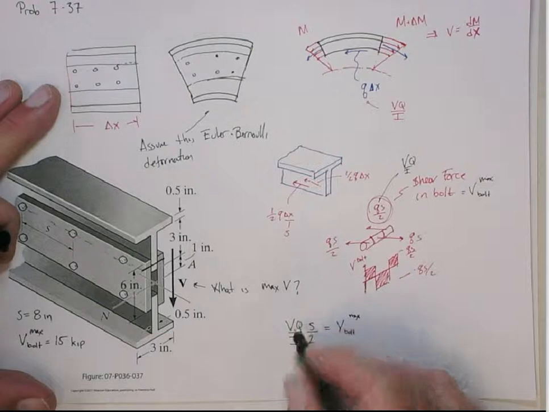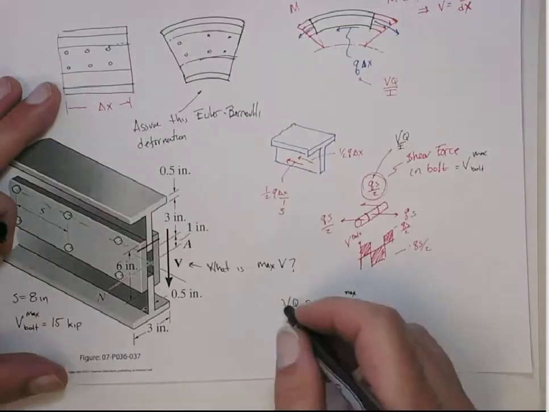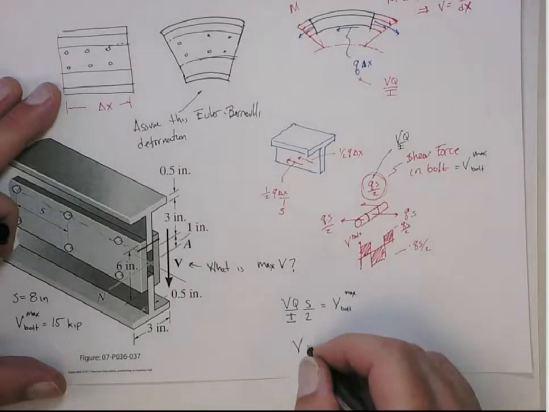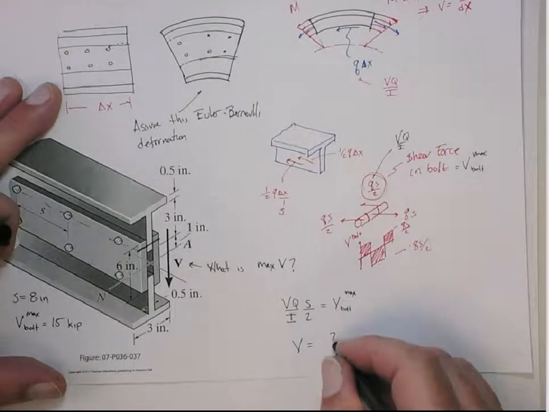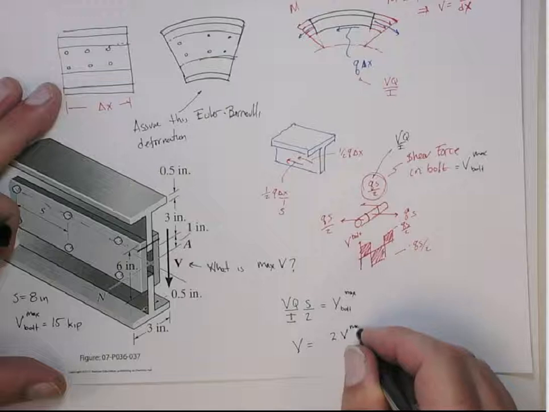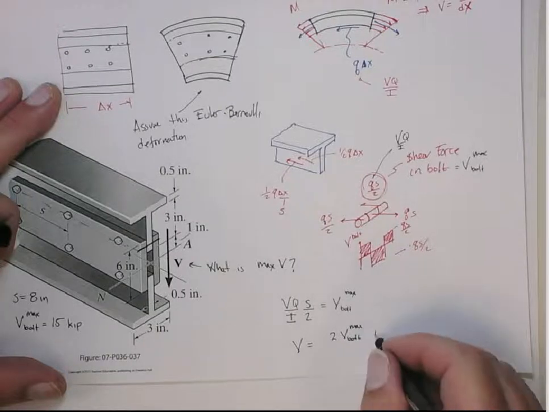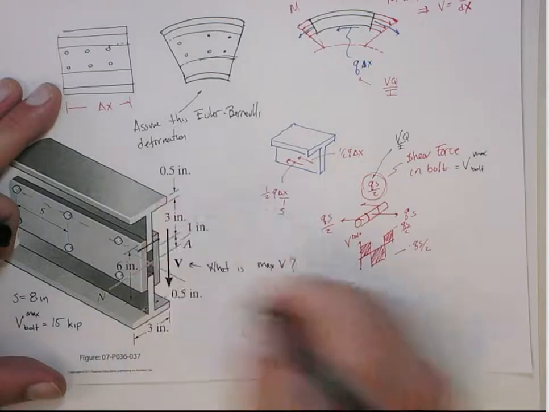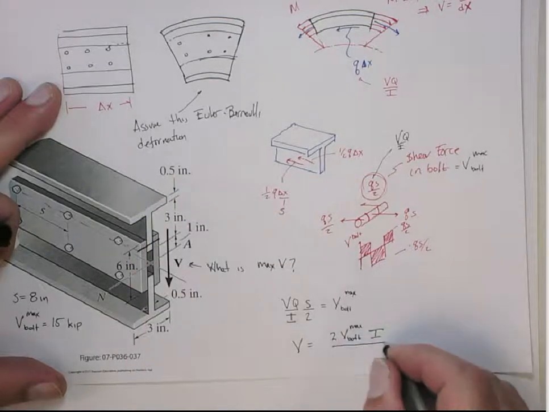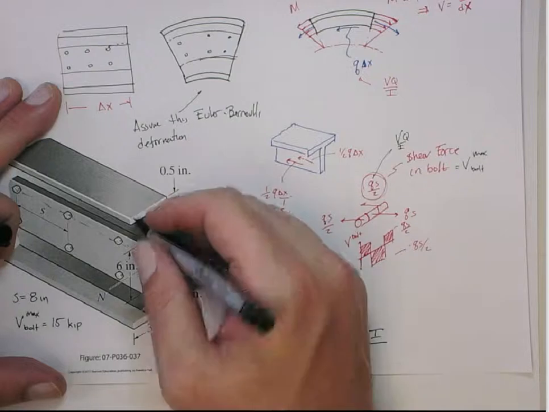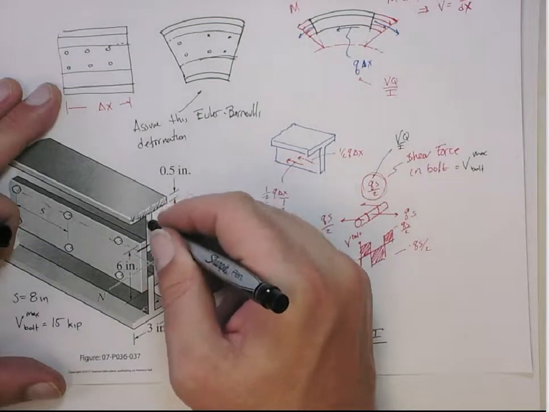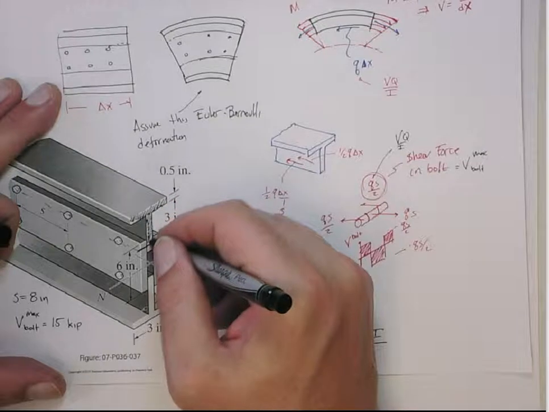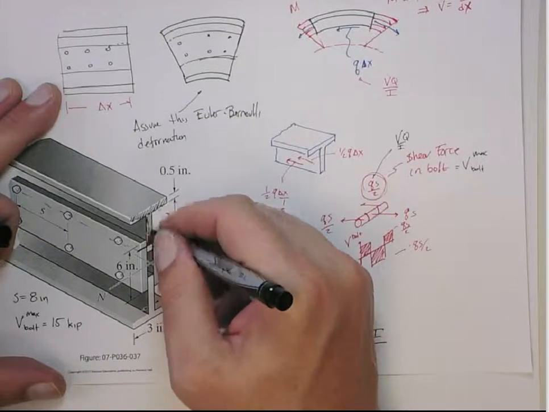Now we can rearrange this and get V. So that's going to be the max V that we can apply. That's going to be 2 times the allowable bolt shear force times the total I of the beam over Q, which is actually going to be this Q, actually technically just down to this point here.